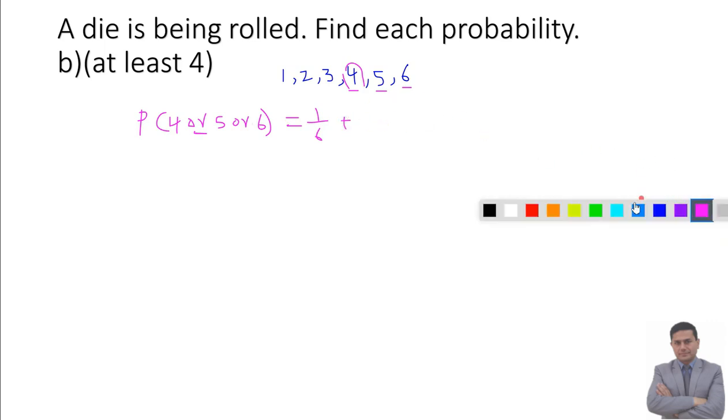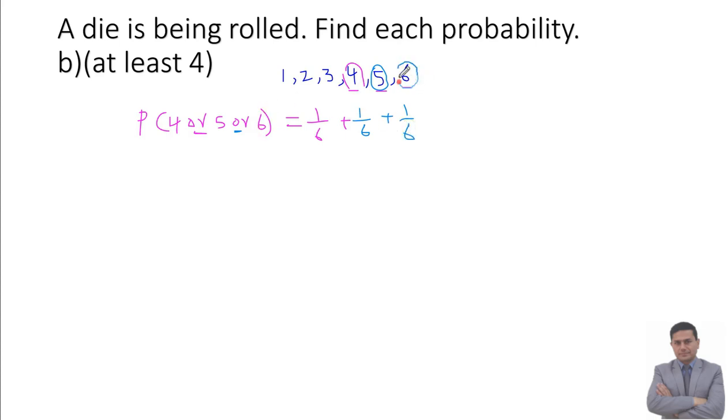Then we have another option, which is 5. 5 is again 1 time, so it is 1 over 6, plus, again we have OR, 1 over 6 for 6 as well. So we have all the combinations done.